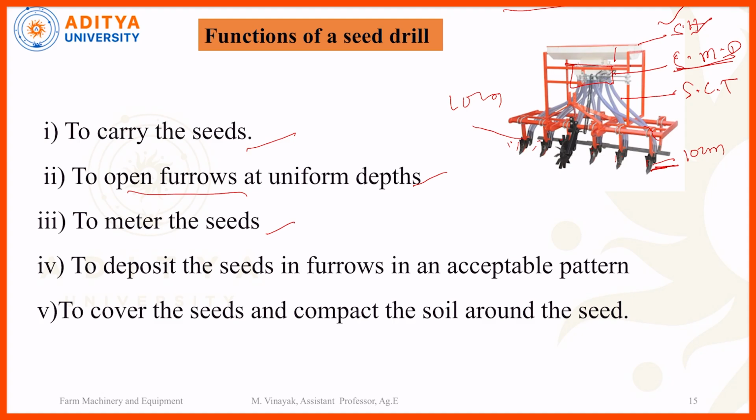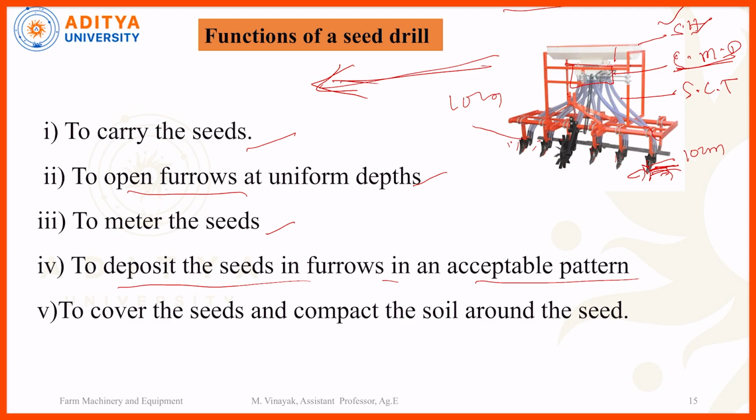Here, the purpose is to deposit the seed in a furrow in an acceptable pattern. So what will happen? Initially, by using this 3-point linkage system, we can connect and disconnect the tractor to this implement. While moving the tractor in the forward direction, initially the furrow will be opened. Here see the sentence, to deposit the seed in furrows in an acceptable pattern.